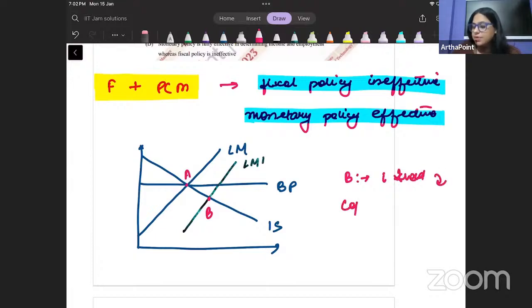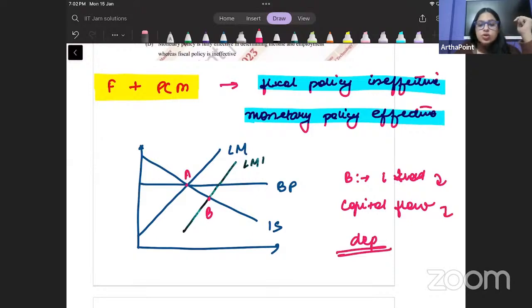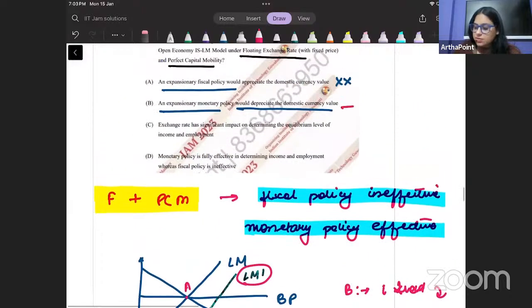So there will be capital outflow. Interest rate has decreased, all the money is going out. When there is capital outflow, your currency will depreciate. So this statement that expansionary monetary policy will depreciate your currency is a correct statement.